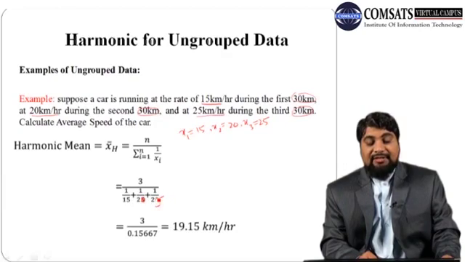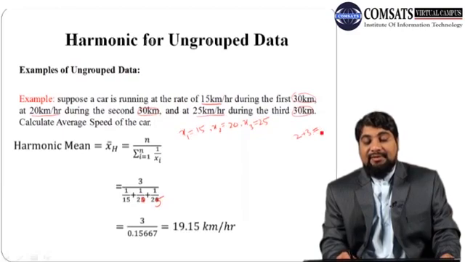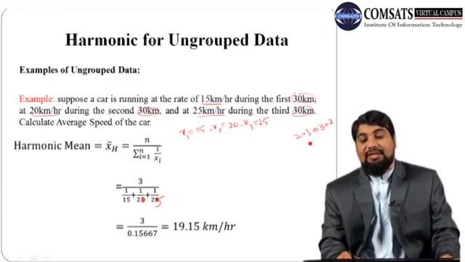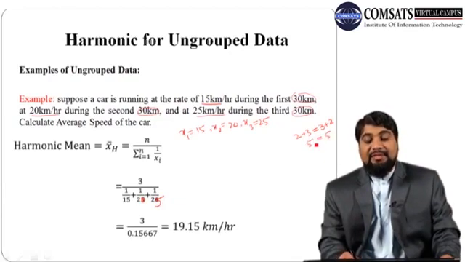Actually this order doesn't matter, whether you write 1 over 20 in the first place and 1 over 15 in the second place. Why? Because the sum of two numbers, 2 plus 3, is 5, and if we change the order, 3 plus 2, it is also 5. This is called the commutative property of addition.